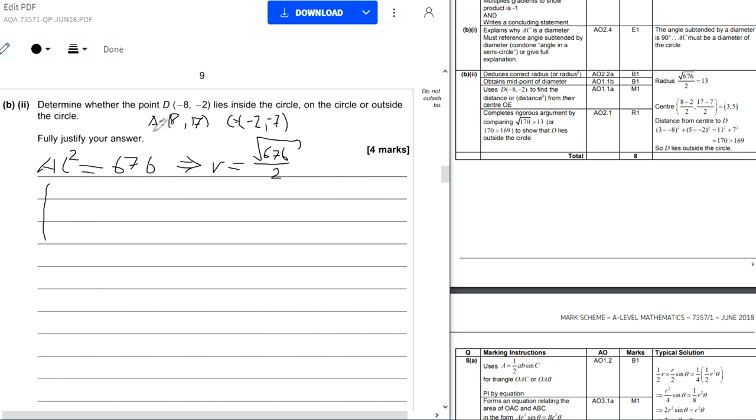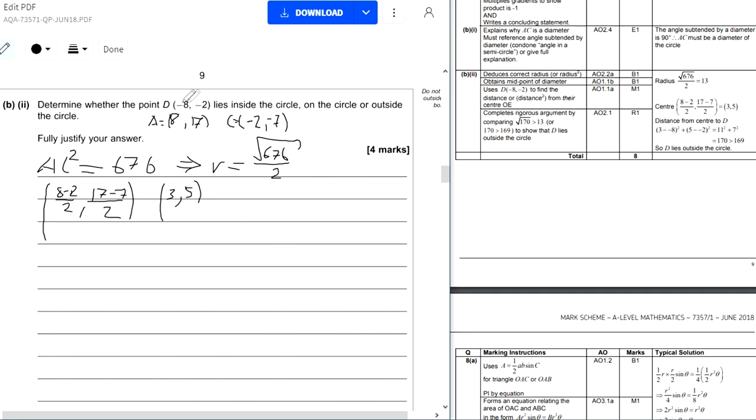To find the center of 2 points, you add the 2 points and halve. So 8 minus 2 over 2, that's your first coordinate. 17 minus 7 over 2, that's your second coordinate. In other words, that's going to be 3, and that's going to be 5.